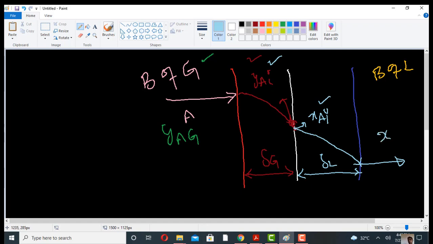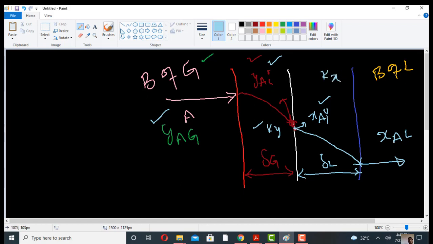Similarly, the concentration of component A in the bulk of liquid is X_AL. The mass transfer coefficient in the gas film will be Ky. In the liquid film, the mass transfer coefficient is Kx.